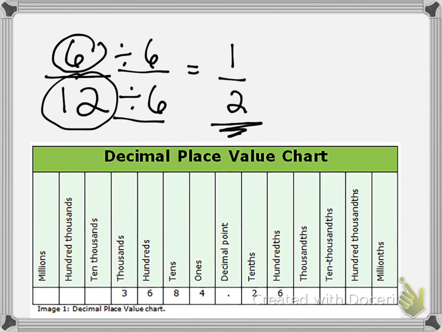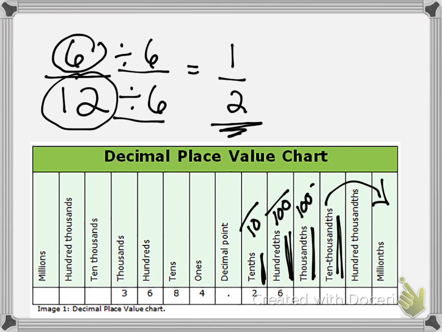We know by the last lessons, we've been focusing on the decimal place value chart, and we know that decimals always have to be in the tenths, the hundredths, the thousandths, ten-thousandths, and so on. So our denominators always have to be either tenths or hundredths or 1,000.